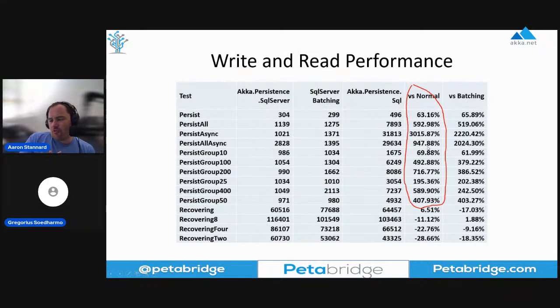So if you were ever constrained by Akka.Persistence.Sql server's write throughput, this will be a significantly faster improvement for you. We're a little bit slower on recoveries. That's kind of one of the trade-offs here with Akka.Persistence.Sql. But one thing that's worth pointing out is you get rate limited by Akka.Persistence when you start having more than 50 concurrent recoveries anyway.